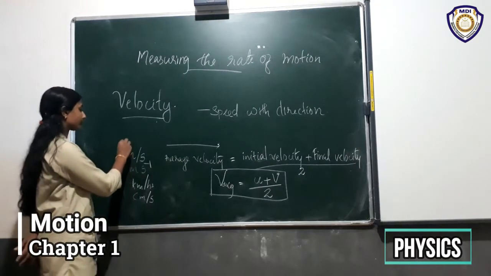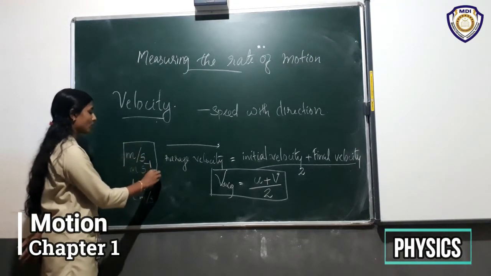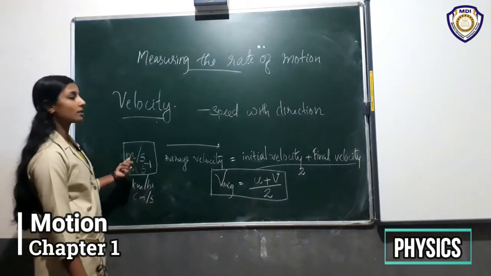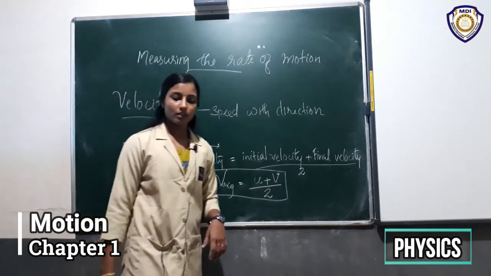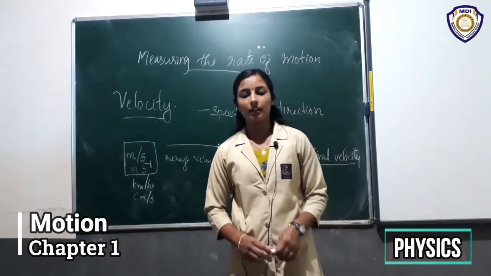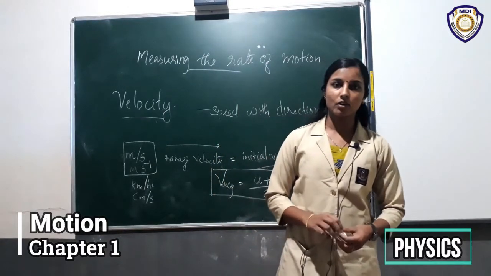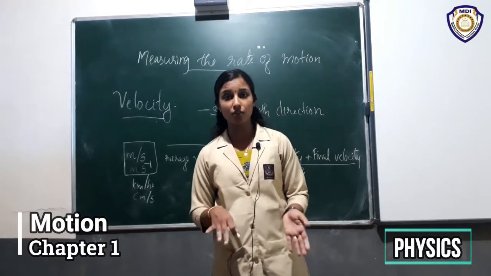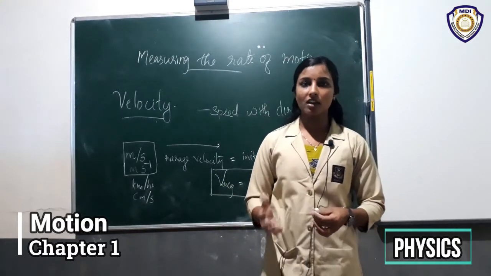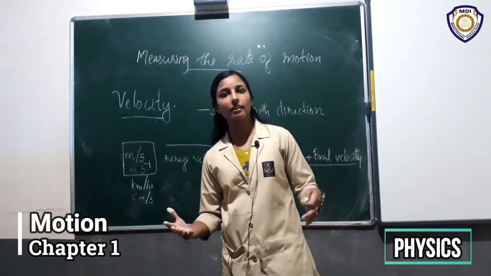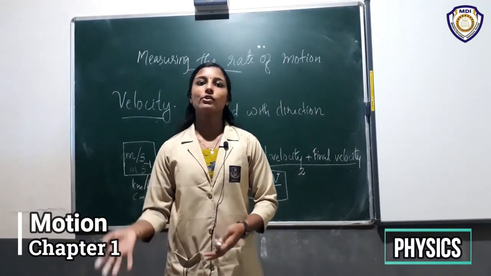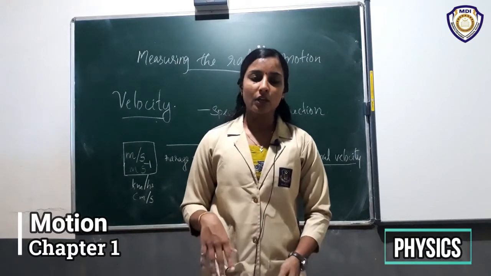Basically the SI unit of velocity and speed is meter per second, right? So students, you should learn what is speed and what is velocity and the difference between these two, and how they are measured, and when we give average speed and when we give average velocity. You should know all these things, okay?